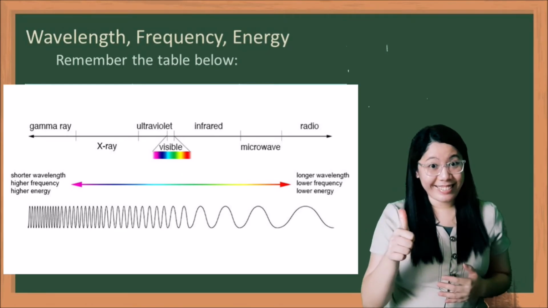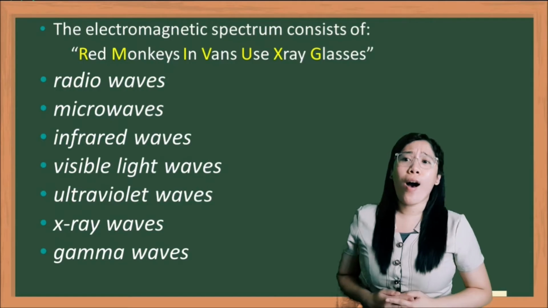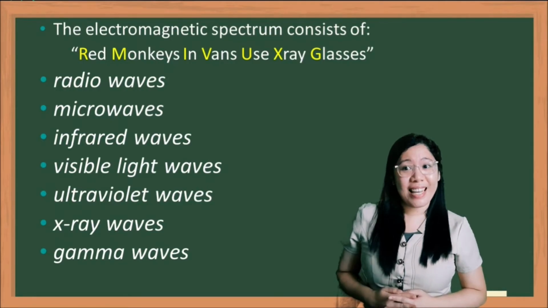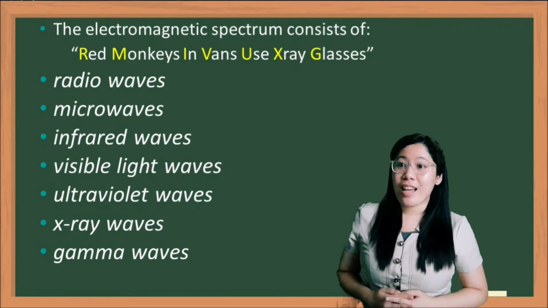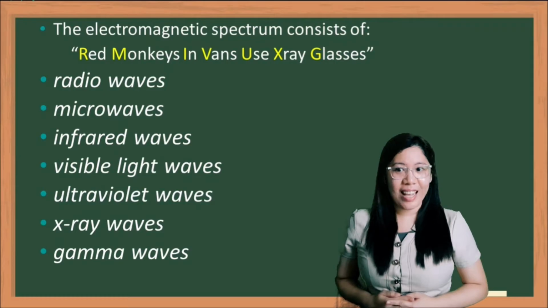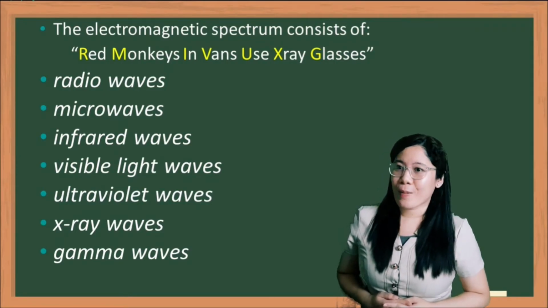Okay? The electromagnetic spectrum consists of radio waves, microwaves, infrared waves, visible light waves, ultraviolet waves, X-ray waves, and gamma waves.